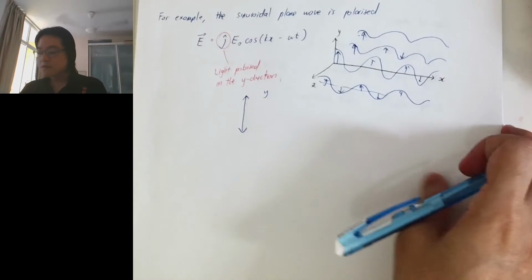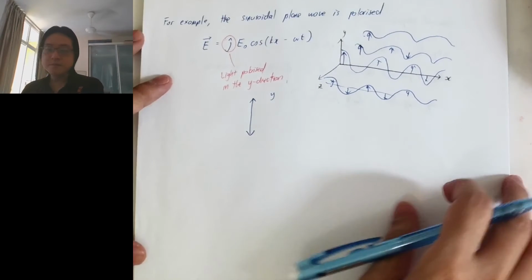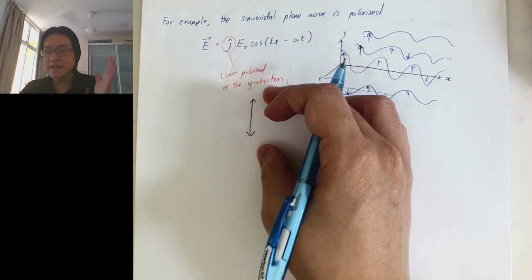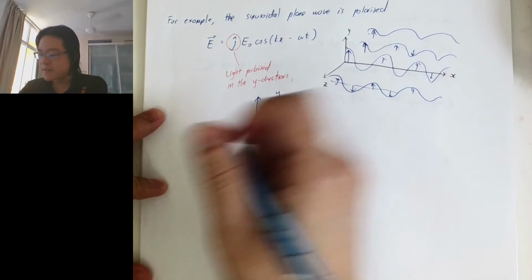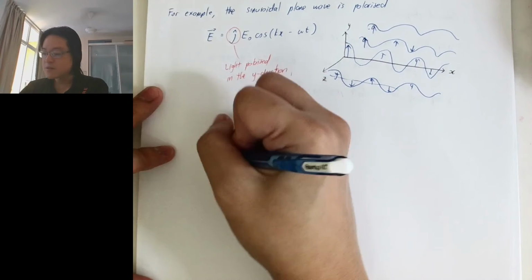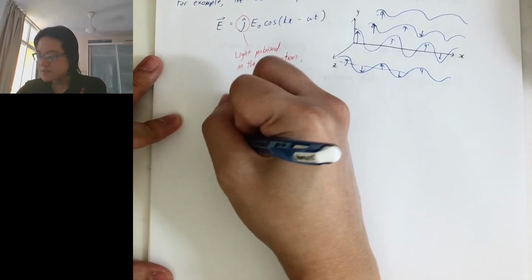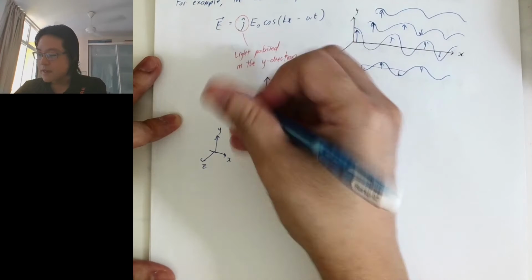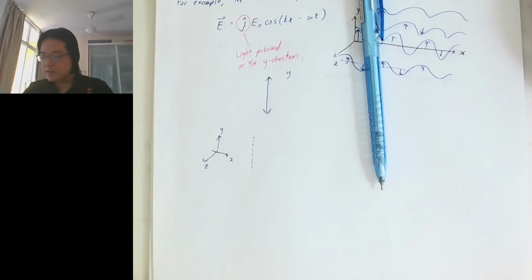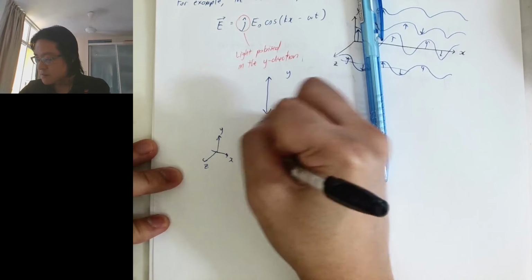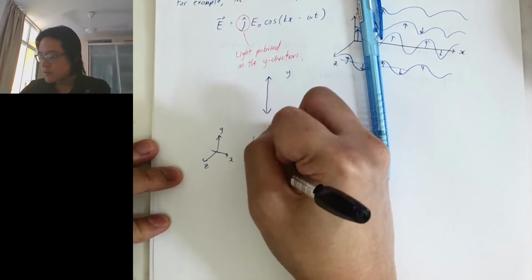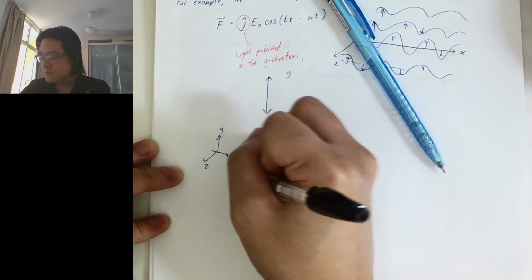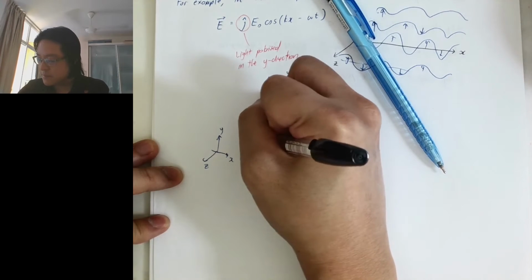Then in general, the direction of polarization doesn't always have to be exactly along the y-axis. It could be at some angle. So maybe I have my y-axis here, my x-axis, and my z-axis here, and my EM wave is pointing this way. Let's say the angle is some angle phi.